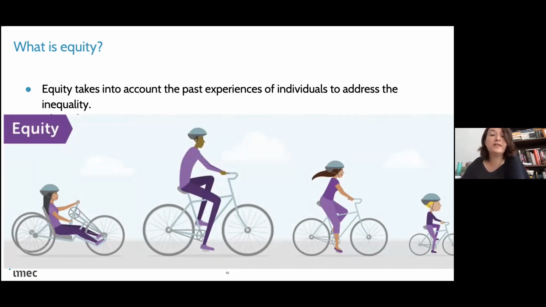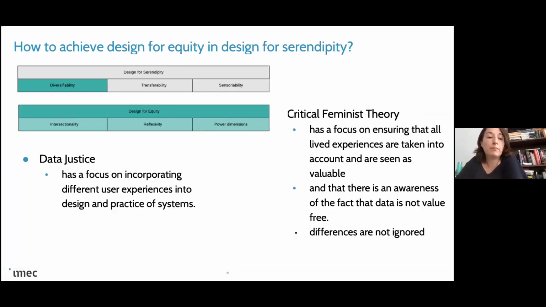How can you achieve equity? The three concepts that we want to address are actually part of two streams. That's data justice, which has a focus on incorporating different user experiences into design and practice of systems, and critical feminist theory, which is actually a combination of many theories within social sciences focused on feminism.